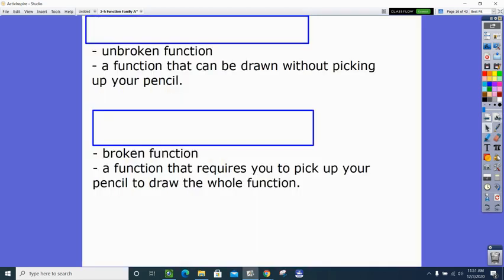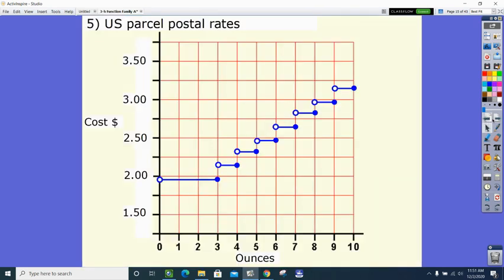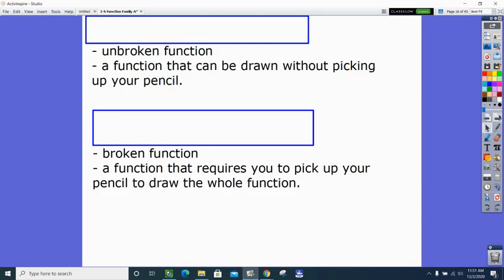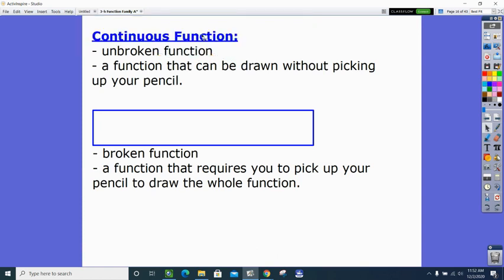One last one, guys, is going to be our piecewise, but I just want you to look at this step function, and it's also going to pertain as we go forward to our piecewise. But if you have an unbroken function, if you can trace the function without picking up your pencil, that is called a continuous function, and we've seen that word before.